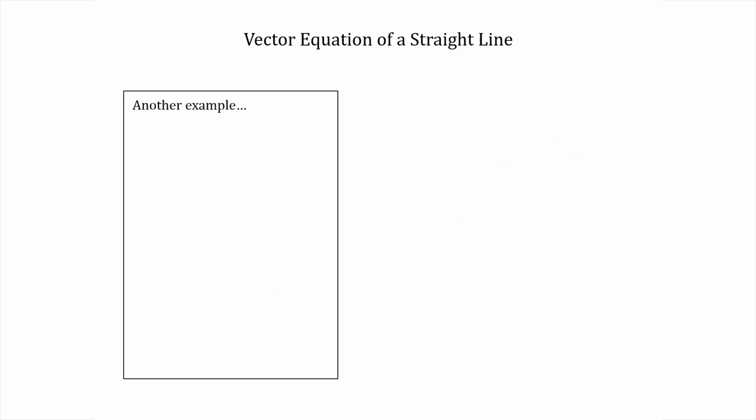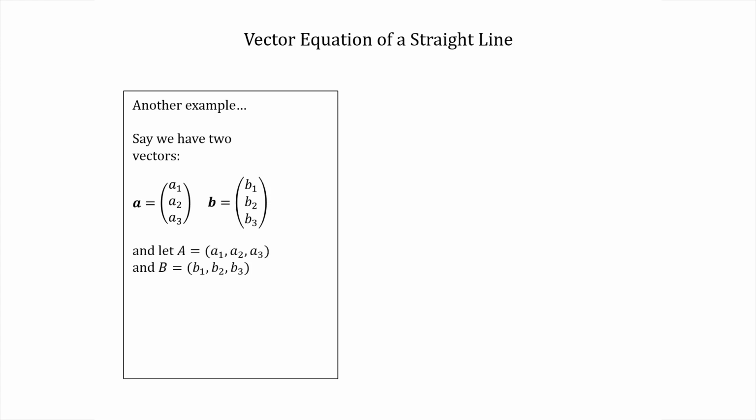Let's look at another example now. Let's once again consider vectors a and b, and this time we'll let A equal (a1, a2, a3) and B equal (b1, b2, b3). Note the subtle difference here. The lowercase boldface a is a vector.